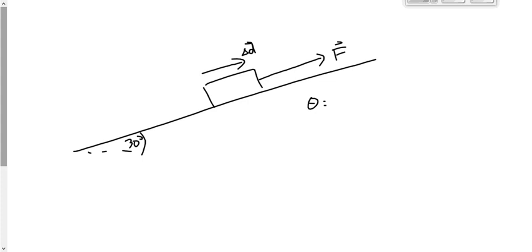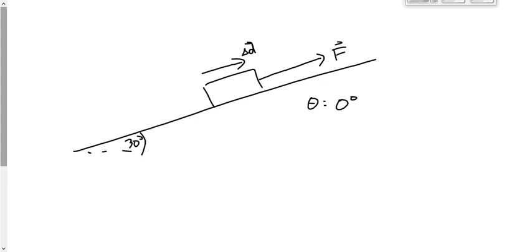What is it? It's 0 degrees. Just because we have an angle given to us in the problem doesn't mean it's the angle that we use. The angle that we use has always got to be the angle between the way that it moves and the way that it's pushed. It's pulled up the hill here, and it goes up the hill. So the angle would be 0 degrees.